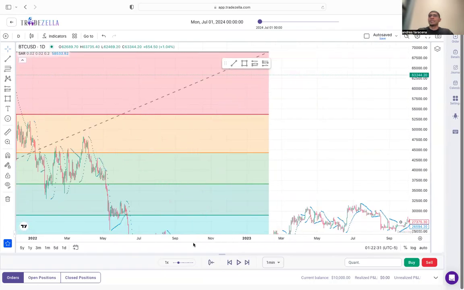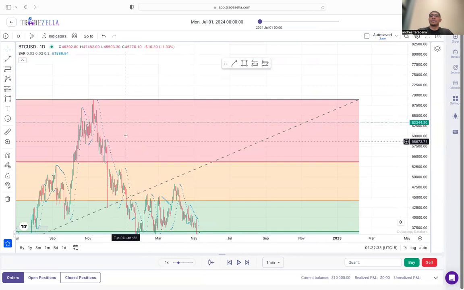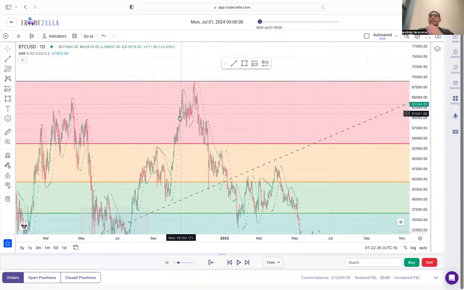Let's imagine we don't see any of this extra data and we're watching it. We want to see this parabolic SAR, these dots, stay below price. But as you can see, it broke below price here, and the dots flipped.